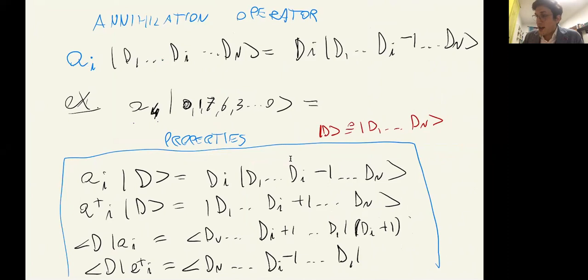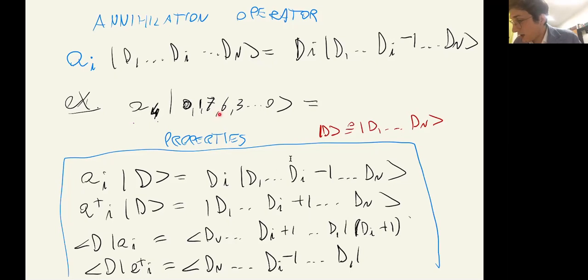As you can see, if I apply a_i, the annihilation operator or lowering operator at position i, you get d_i, so you get a number, a prefactor, out, and you lower by 1 the number that was at position i. So for this example, if you have a_4, so we annihilate the index 4 by 1, what we'll get is that the index 4 was 6.